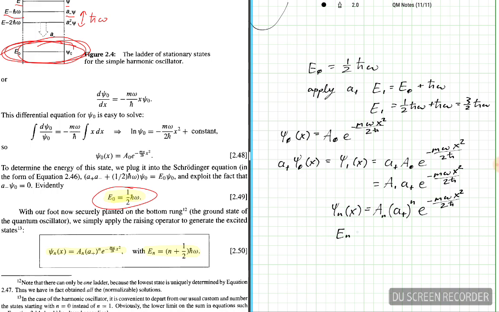And do the same thing with En. That's just going to be, I'm always going to take in number of ladder operators plus 1/2 times h bar. And there we go. That is our simple harmonic oscillator.